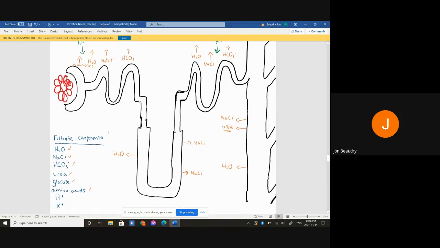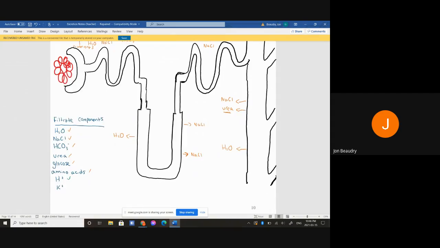And again, the reason that I want to secrete hydrogen ions from my circulation into my nephron to get excreted as waste is pH balance. If I have an acidic blood level, too much acid in my blood, then I'm going to want to decrease that acidity somehow. Acidity is closely related to the hydrogen ion concentration.